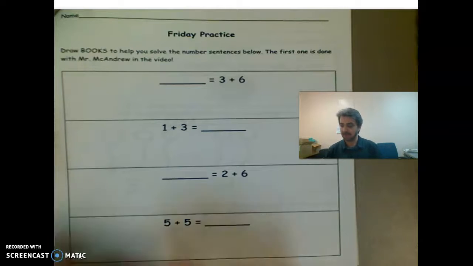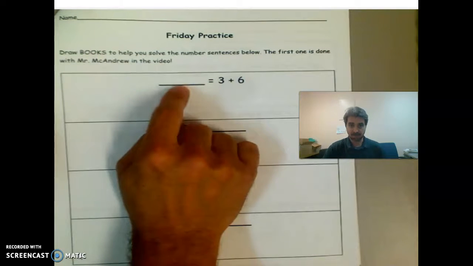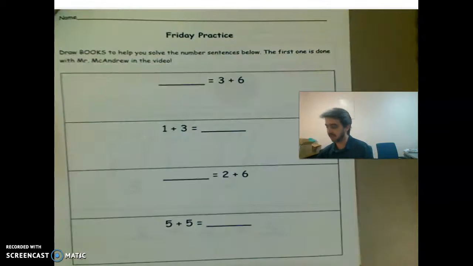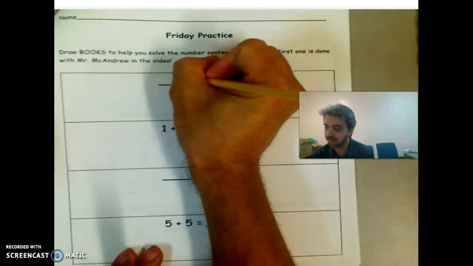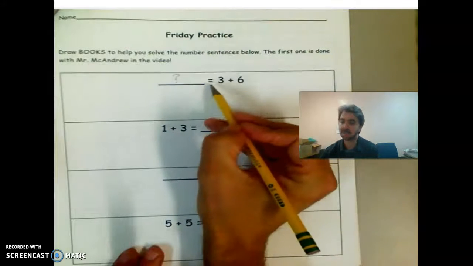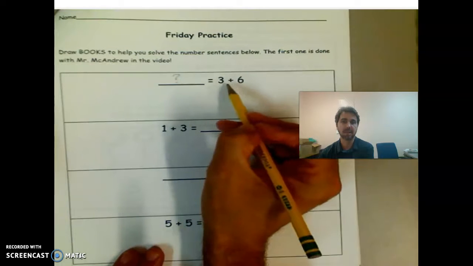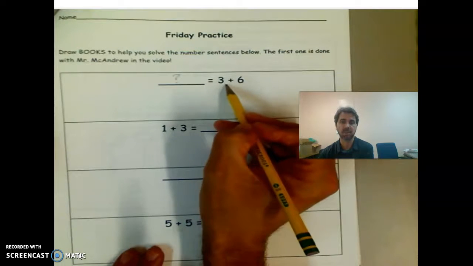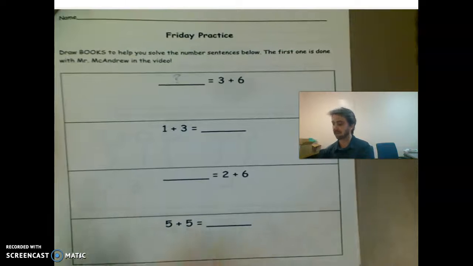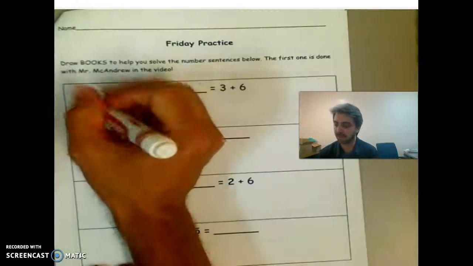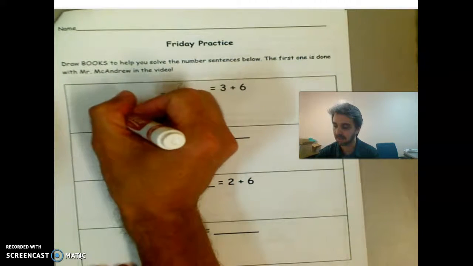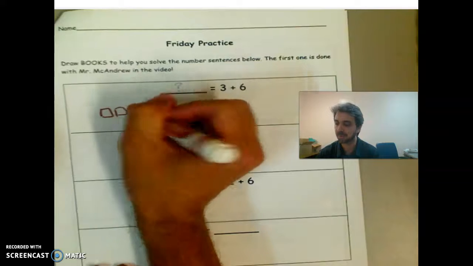Again, something, we don't know what it is, so I'm going to put a little question mark there with my pencil. Something is the same as 3 and 6, or 3 plus 6. I'm going to draw my 3 books: 1, 2, 3.